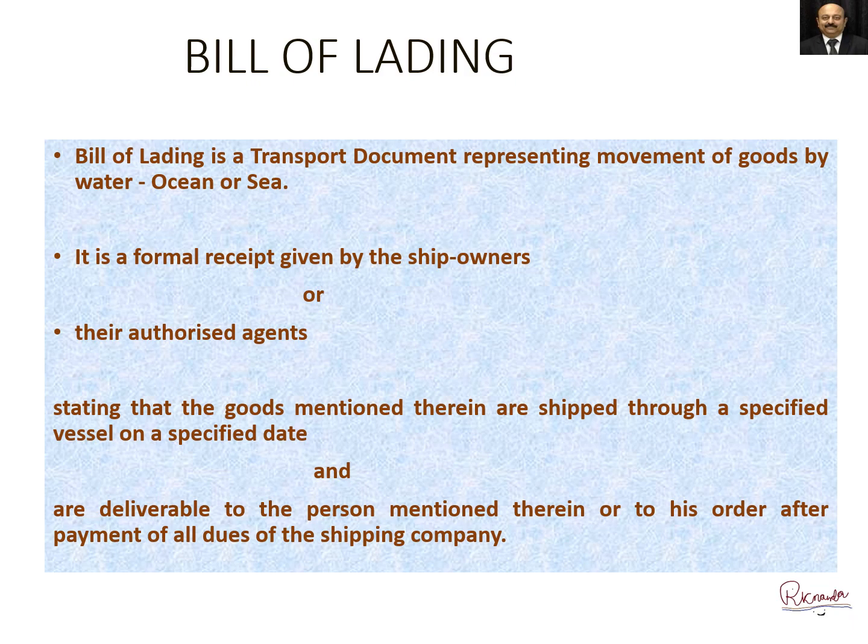So the person in whose favor it has been transferred becomes the owner after payment of all dues of the shipping company. These goods will be delivered by the shipping company provided the person produces the shipping document which is in his favor, and after ensuring that the shipping company has been paid their dues.